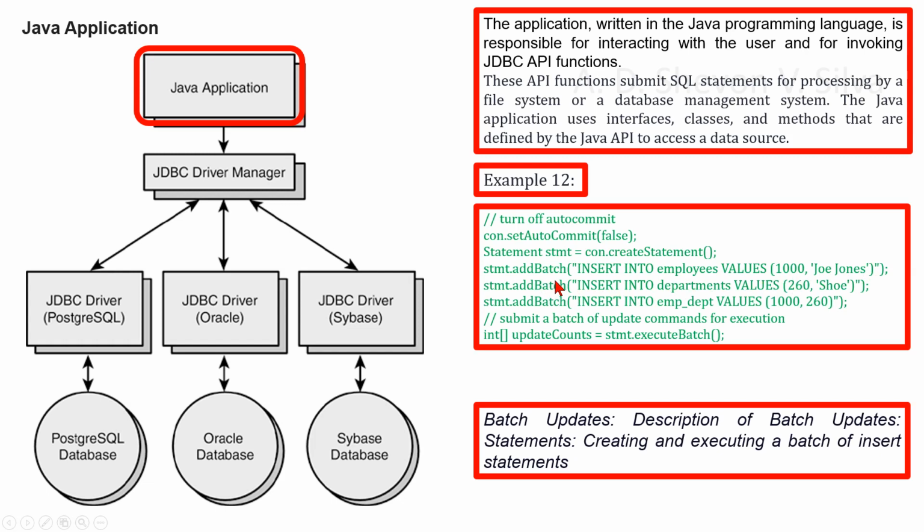Any of the commands added to the batch must return a simple update count and must not return a result set. If an application decides not to submit a batch command that has been constructed for a statement, it can call the method statement.clearBatch to clear the batch of all commands.